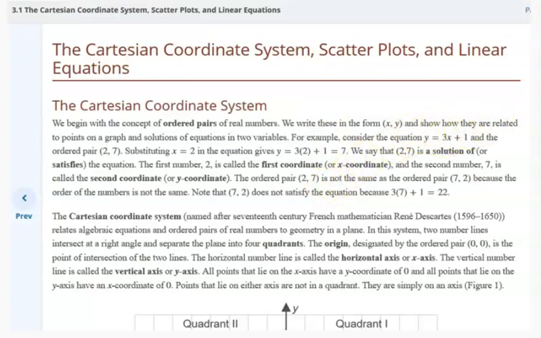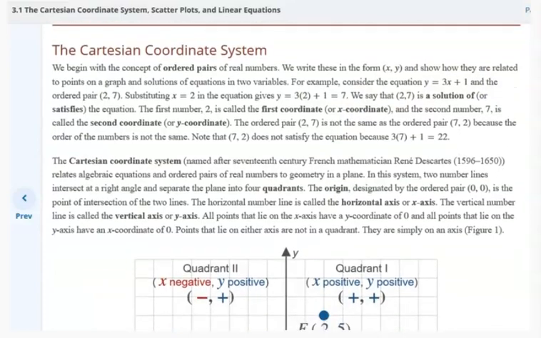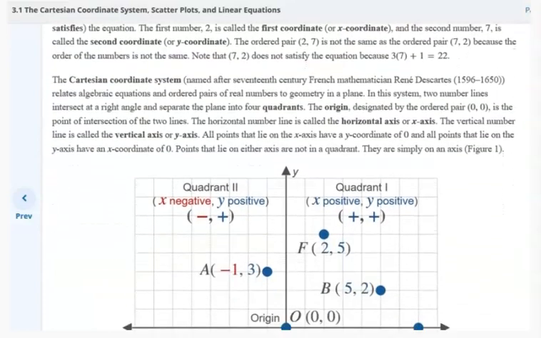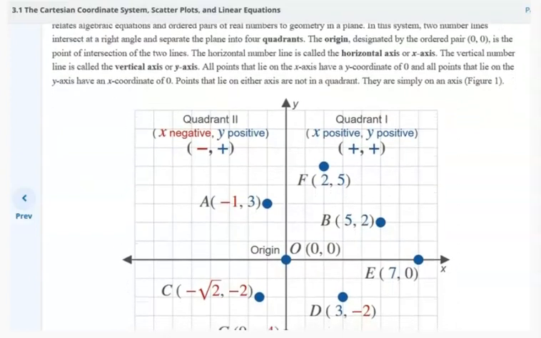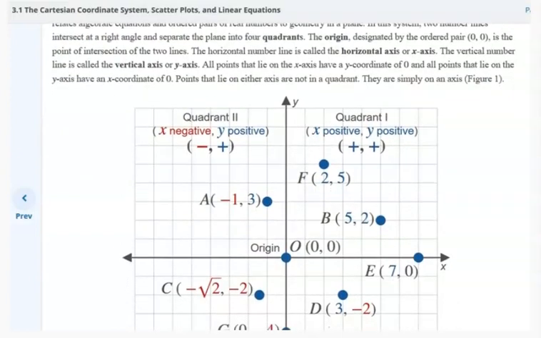And we could read through this, but we'll be going over it in some detail. What we want to develop, and we'd like you to sketch this in your notes as background material. We have two number lines that intersect at right angles.